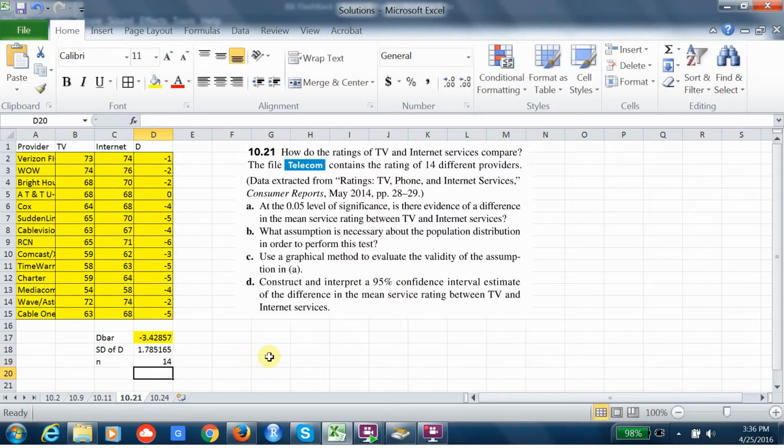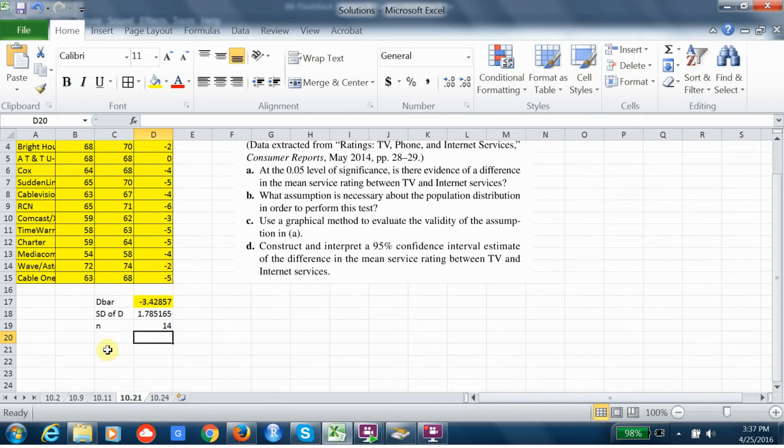Okay. The last thing I'm going to compute is the standard deviation of d bar, the estimated standard deviation. So this is going to be the standard deviation of d bar, which is going to be the standard deviation of d over the square root of n. This is just like x.